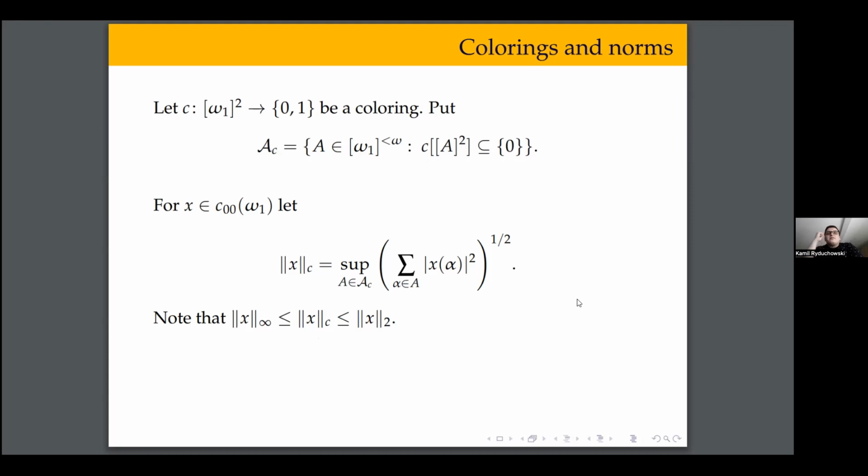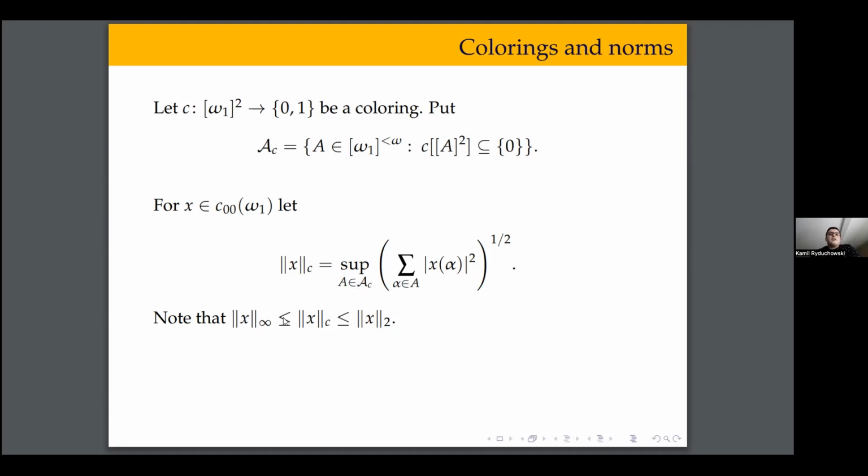Also, if x is a vector which has a 0 monochromatic support, then here we have equality, because obviously to calculate the norm of x, it is important only to look at what happens with subsets of the support.